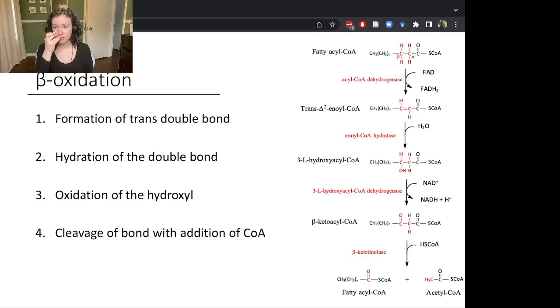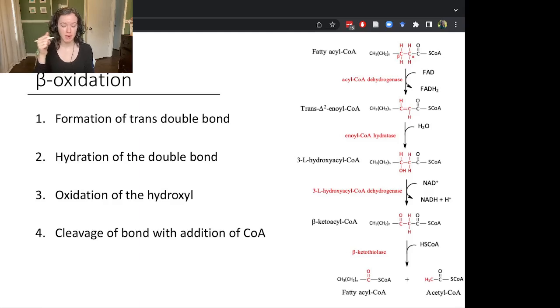Those are kind of difficult to break apart. We've certainly seen that in glycolysis and the citric acid cycle. That's definitely true here for lipid metabolism. We have to find a creative way to break these carbon-carbon bonds.